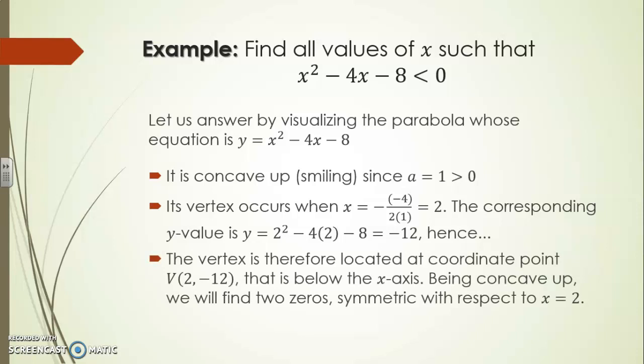So the vertex is located at the point 2, minus 12. Therefore, this is below the x-axis, and considering the parabola is concave up, we will find two zeros on either side of x equals 2.